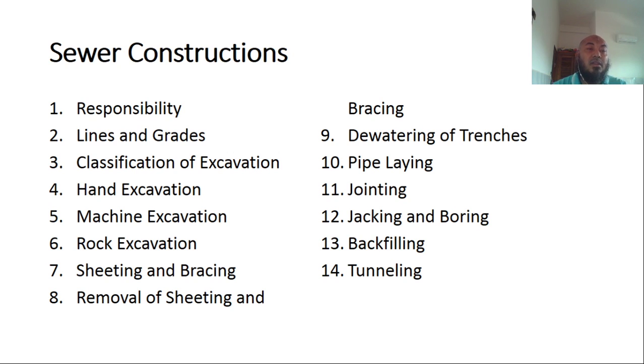But in the technical part, it will be a problem with the flow. It could be no flow, or the flow will not be as expected as designed, because we did design this previously.